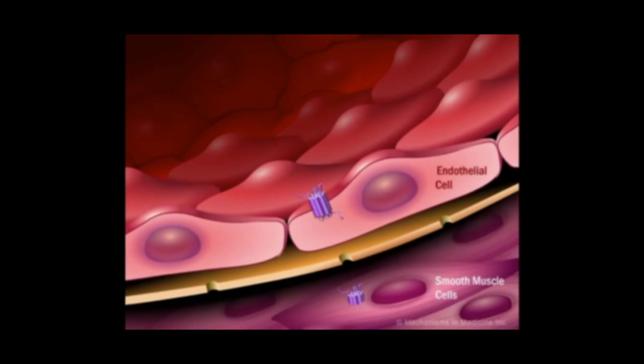The angiotensin-converting enzyme converts the inactive precursor angiotensin 1 into the vasoactive peptide angiotensin 2. In addition, alternative pathways exist that do not rely on either renin or ACE.